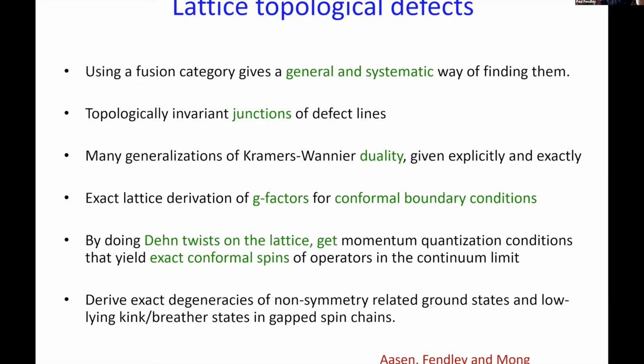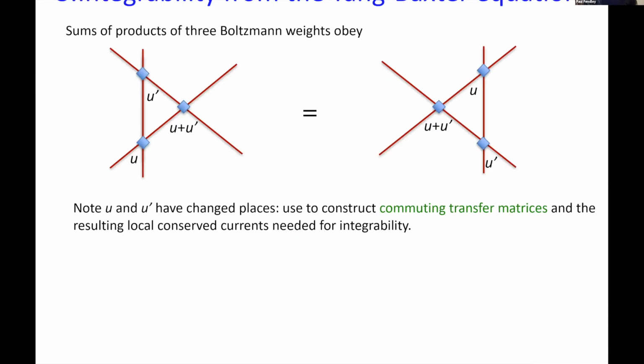All right, so now let me get back to my story. Let me summarize what I've done and then I'll pause for questions. So what I've done is I've defined very quickly a fusion category and showed you how you use it to get numbers from fusion diagrams.